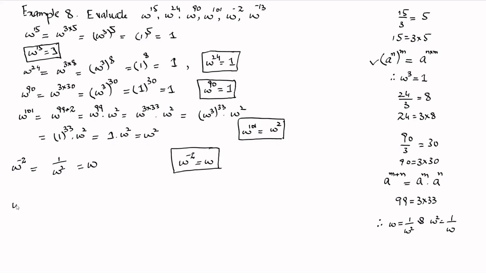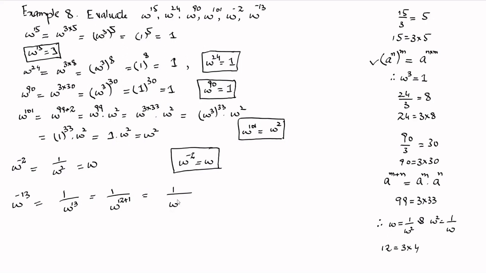Now consider omega raised to the power minus 13, that will equal to 1 over omega raised to the power 13. Now 13 is not divisible by 3, so we will split it into two numbers, 12 plus 1, in which 12 is divisible by 3. So 12 can be written as 3 into 4.